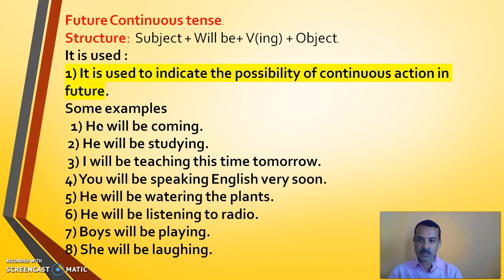Here the verb is of 3 words: will be coming, will be studying, will be teaching. Sometimes the verb in a sentence is a single word, sometimes it is a 2-word verb, sometimes it is a 3-word verb, or sometimes it can be a 4-word verb.